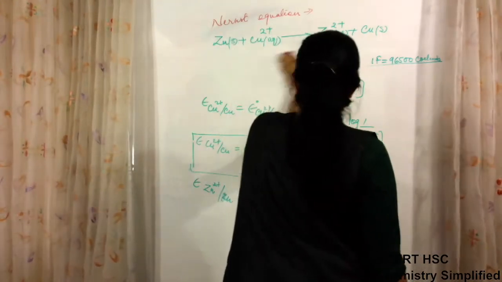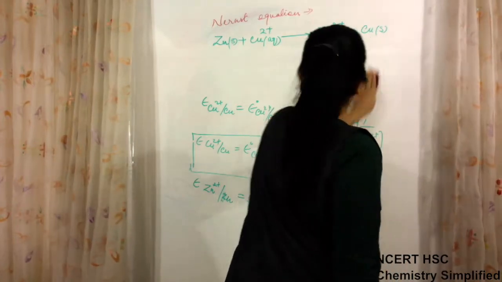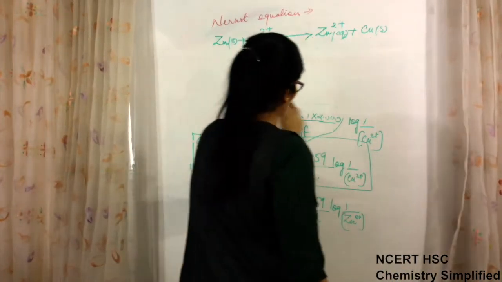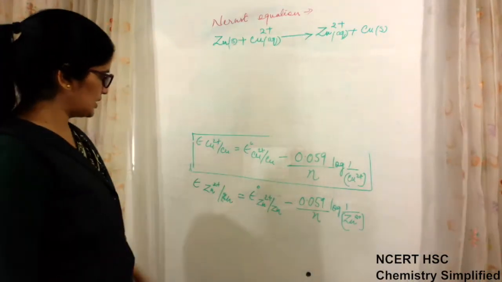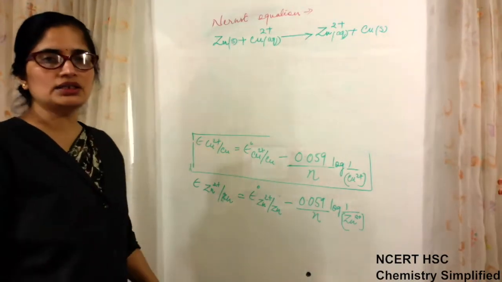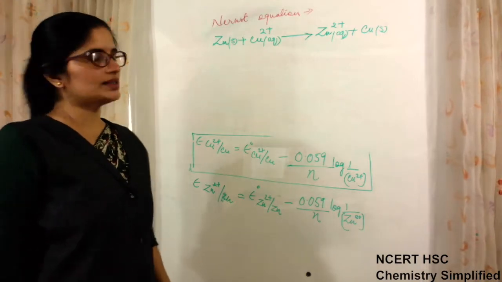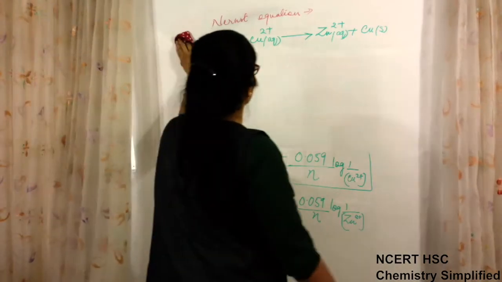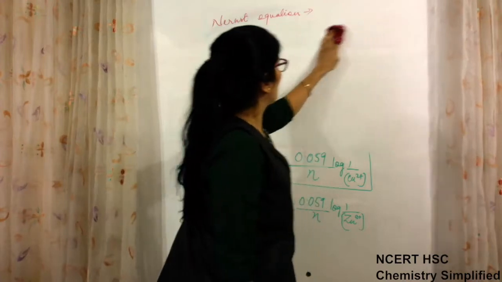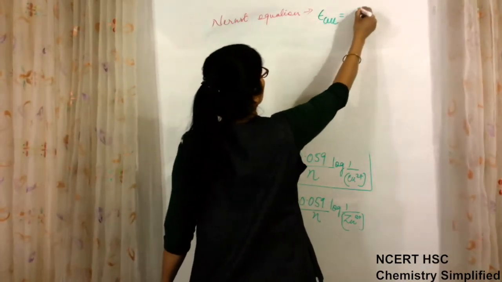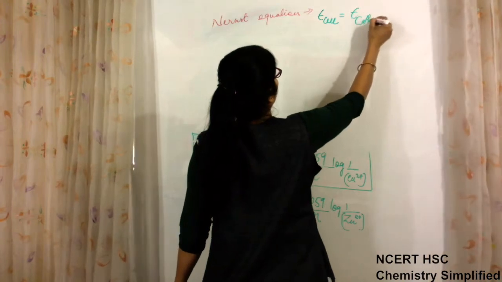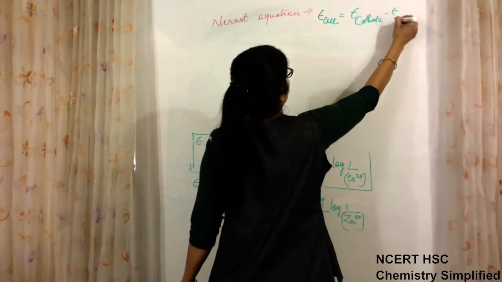Now we have written the equations for the reduction half and oxidation half. If we want to calculate the E cell or EMF of the cell, then what will we do? For calculation of E cell we have E cathode minus E anode.